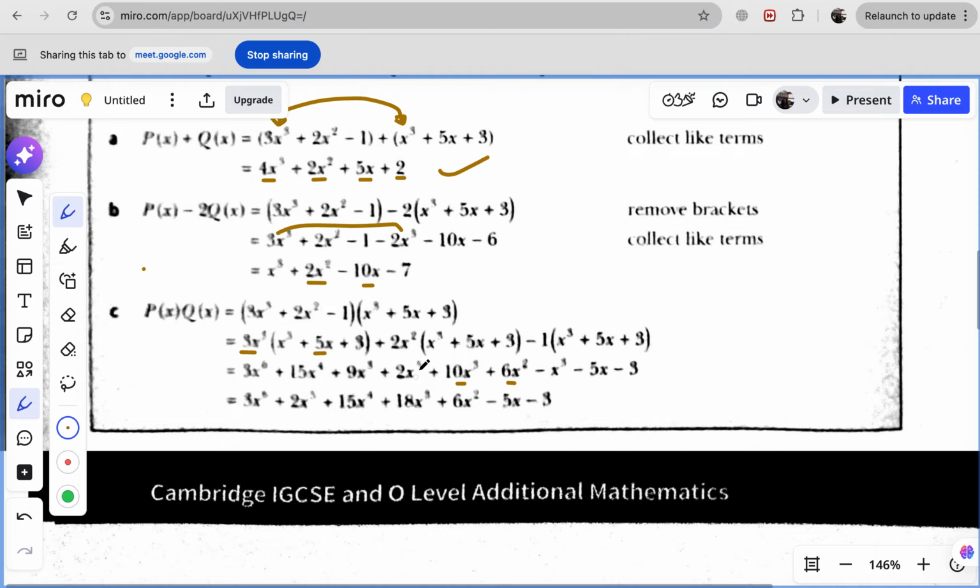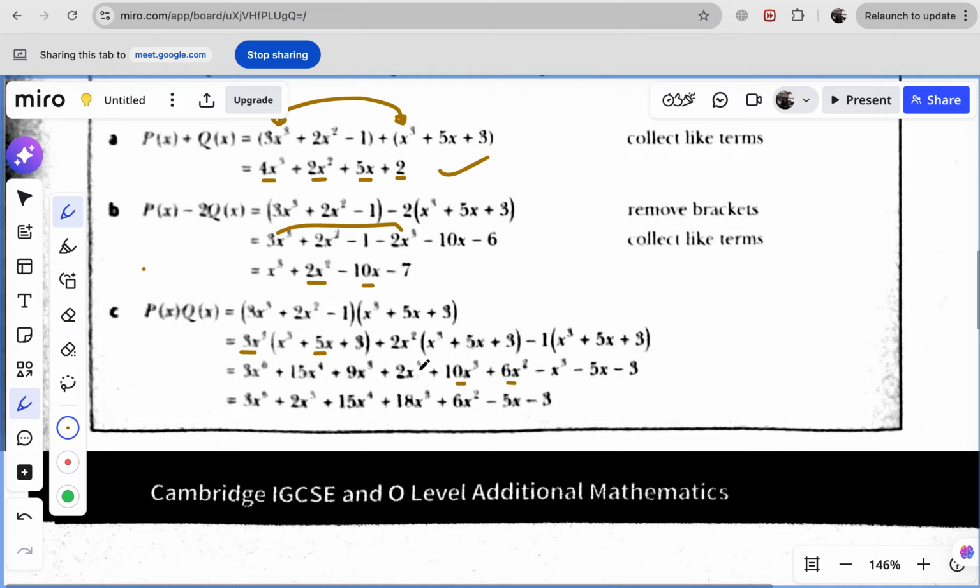I thought the highlighter was taken. Okay, let's say power 3, this one, this one, 9x to the power of 3 plus 10x to the power of 3. That's 19x to the power of 3 minus x to the power of 3. You get 18x to the power of 3. That's how we got this 18x to the power of 3.